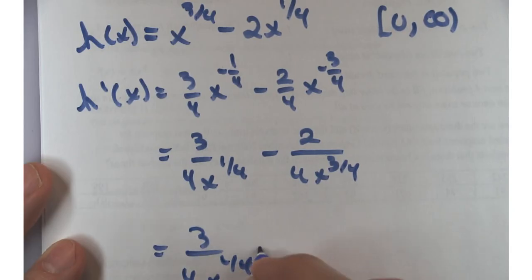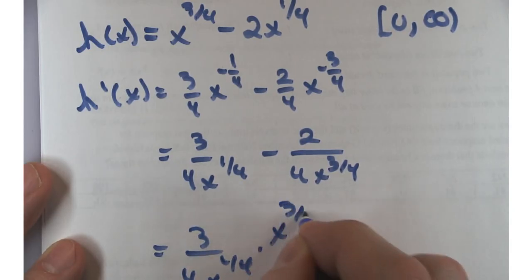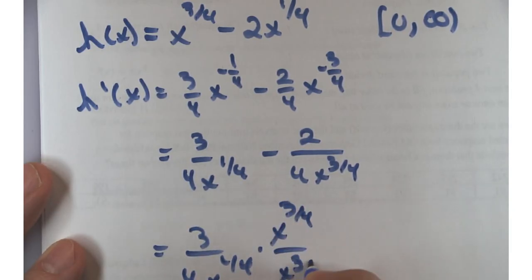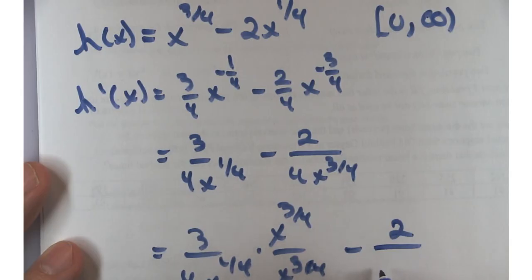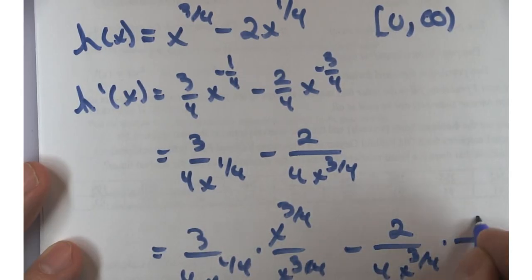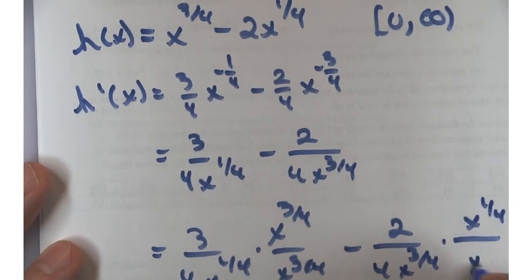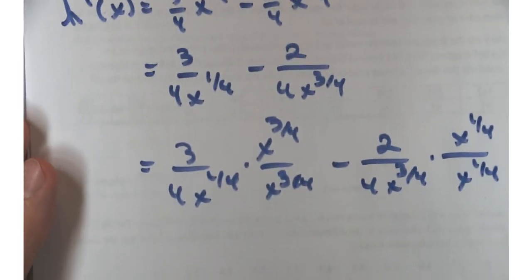So let's do this. I'm going to multiply by x to the 3/4 over x to the 3/4. I'm going to do the same thing over here, 2 over 4x to the 3/4. This time I'm going to multiply by x to the 1/4. And let's see what that gives me.